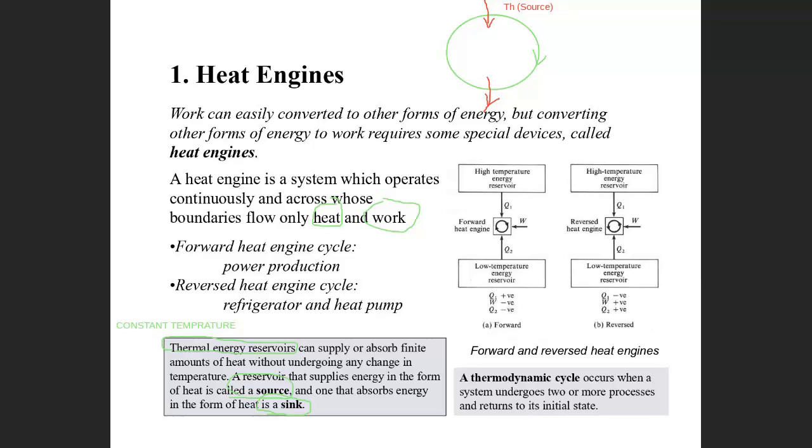So in fact, we will also reject heat to a lower temperature, which we call the low temperature reservoir, using L for lower. So this is a sink because it absorbs heat.